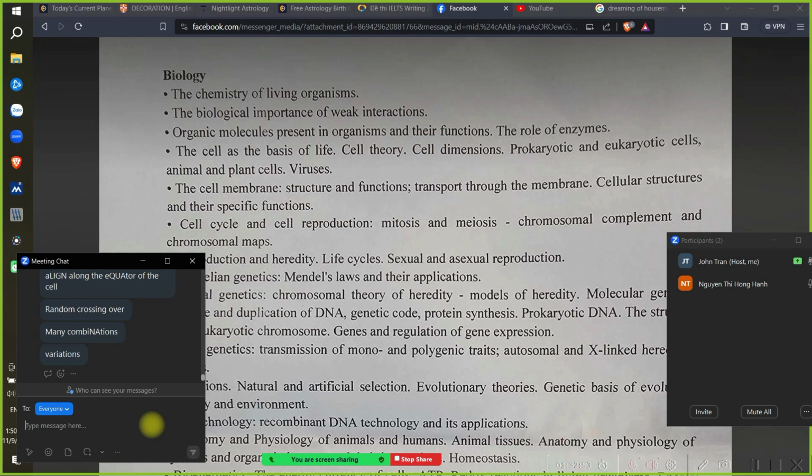You have to understand that there's no interphase between meiosis 1 and 2, okay? Don't be confused with that, okay? Oh, yeah. Careful.